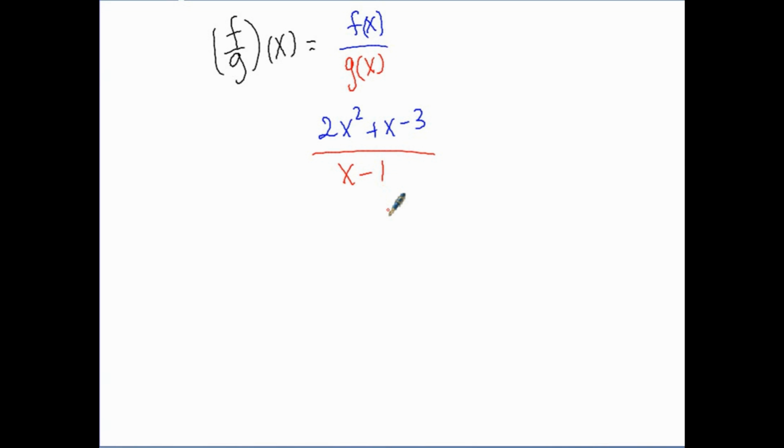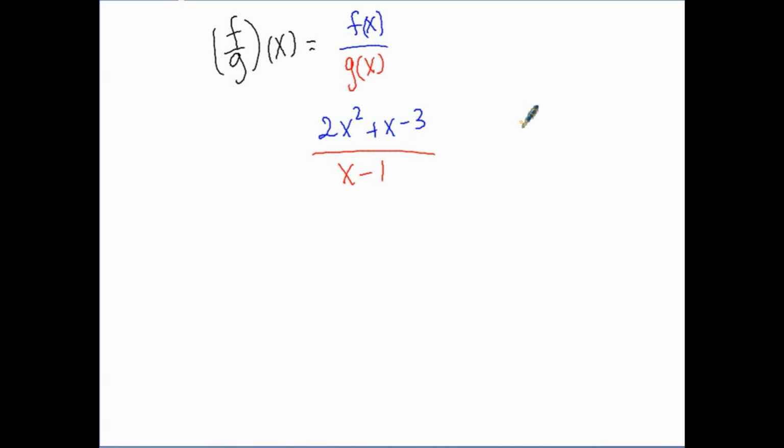Now, it's not too clear how we're going to divide these, but the way I like to do it is I like to say, okay, I see my x minus 1 in my denominator. The only way I can take that out is if I have a factor of x minus 1 in my numerator. So let's just see if I can make a factor out of 2x squared plus x minus 3 using the x minus 1.